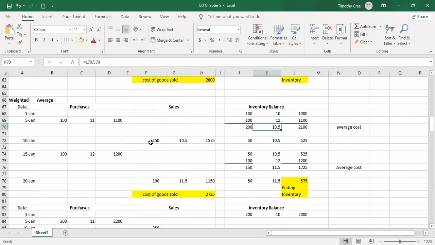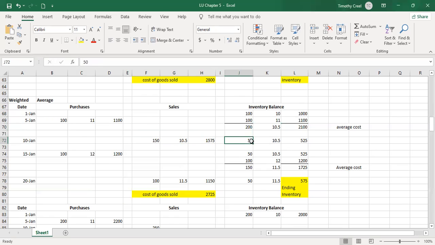Then you see we make a sale here on January 10th of 150 units, just like in the other examples. We take that sale out, and we record the cost of goods sold based on the current average cost. Basically 150 times 10.50, which is our current average cost, gives us a cost of goods sold for the sale of $1,575.